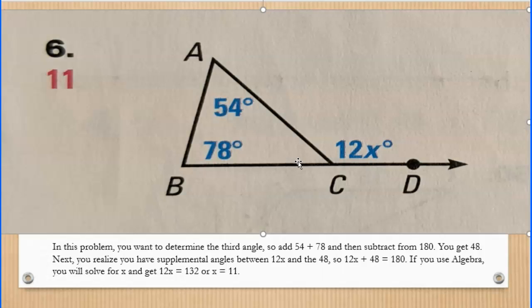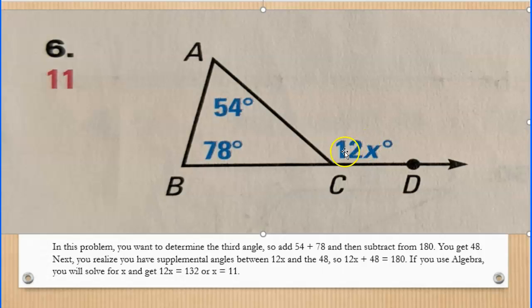So if you have a document or paper that you're using, you could write 48 right in there. Now, you're going to realize that this comes into play, and you have supplemental angles right here. We have supplemental angles going on. So see how we're pulling back on some of those previous theorems, postulates, and definitions.